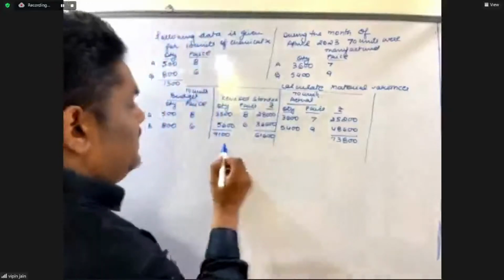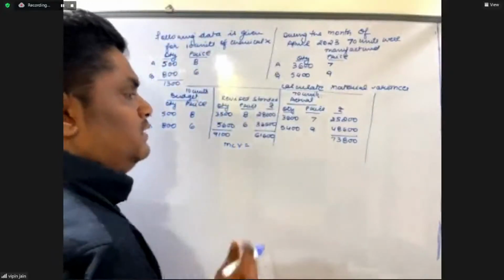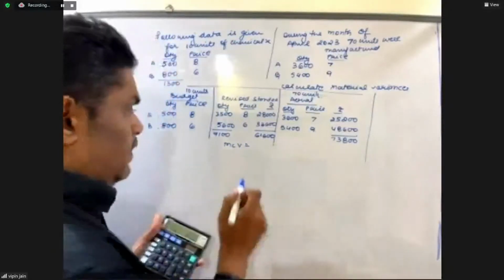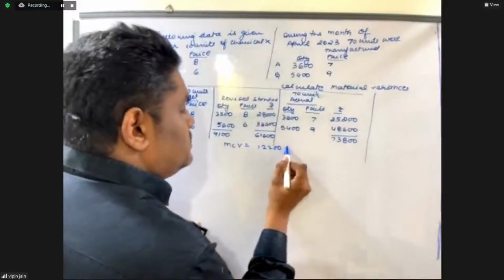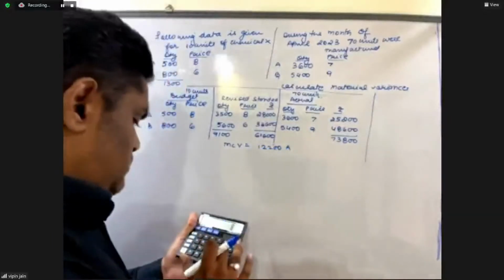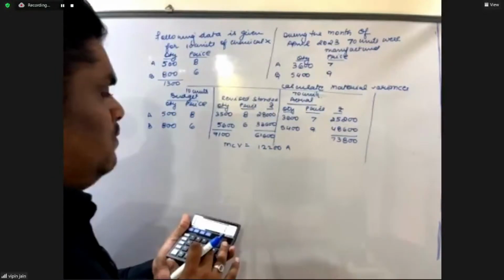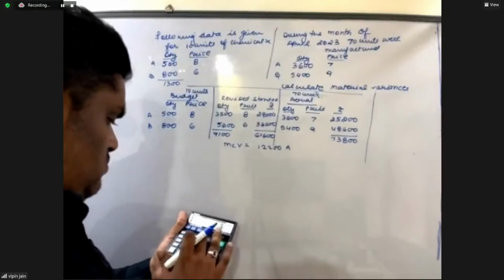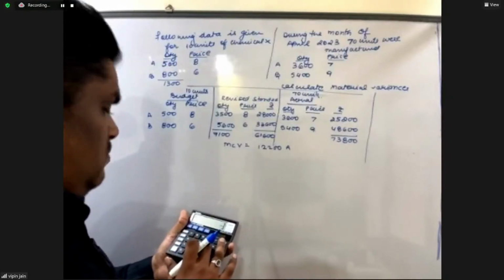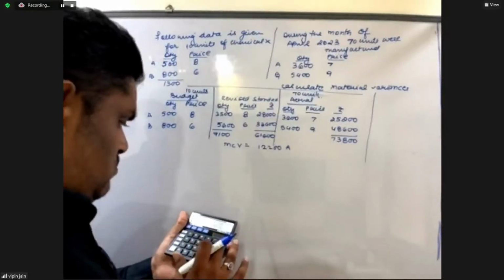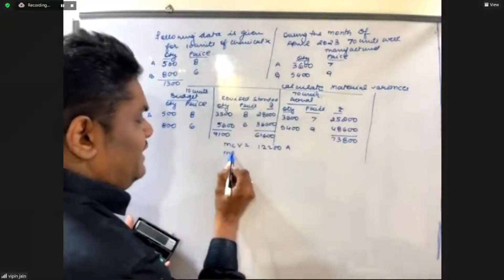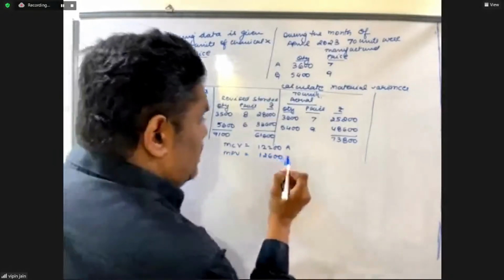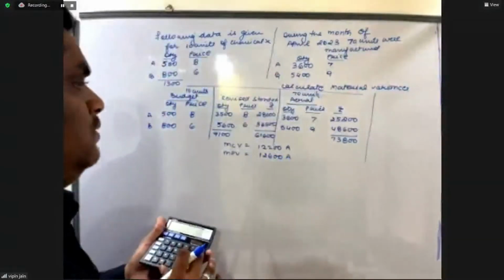So when talking about material cost variance, this will be 12,200 adverse. Material price variance will be 12,600 adverse.